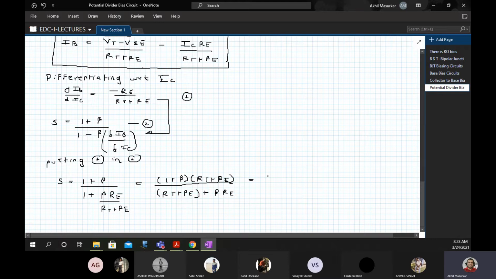So here you will get RT plus RE plus beta RT plus beta RE, this entire thing upon RT plus RE plus beta RE.